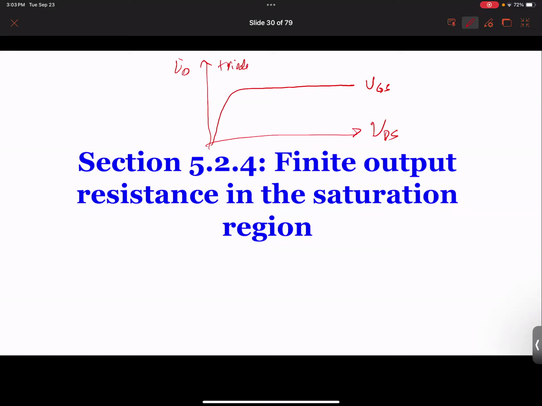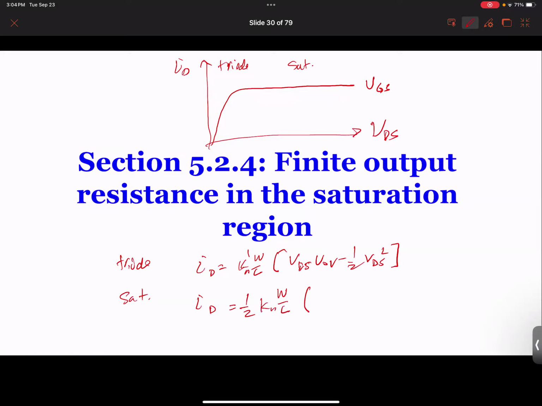Again, you guys can memorize by now the equations. For the triode region, you have ID equal to Kn prime times W over L times VDS times VOV minus 1/2 VDS squared. And for the saturation region, you have ID equal to 1/2 Kn W over L VOV squared.